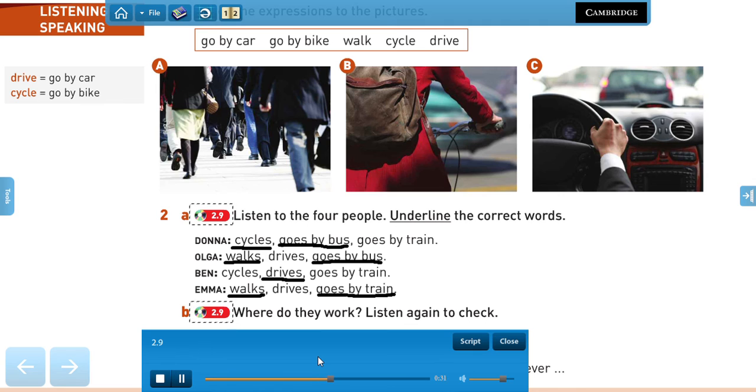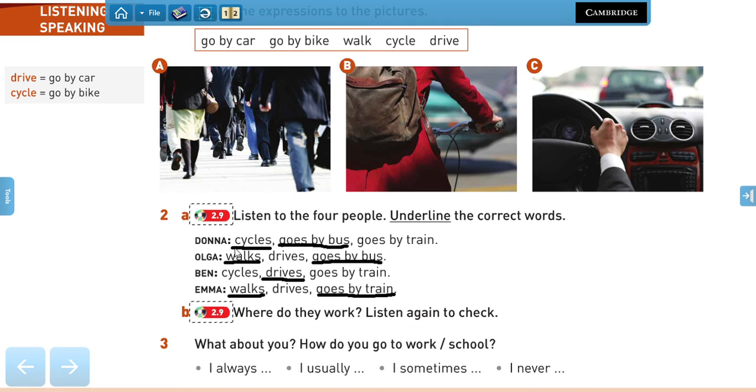Well, I work in the next town, so I always go by car. I never go by bus, it's too slow. Emma. I work in the city, but I live in a small village, so I go by train. I walk to the station and then I get the train into the city. It's about an hour.